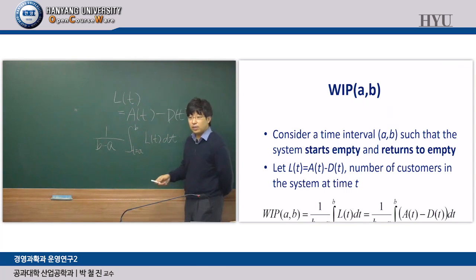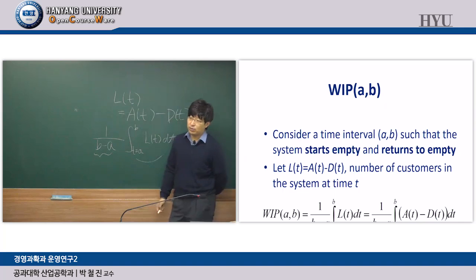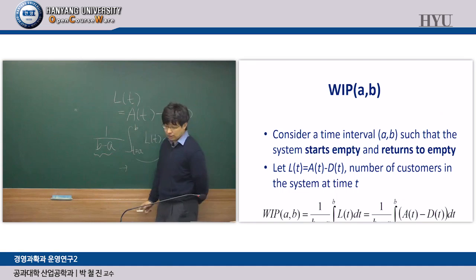We integrate L of t with respect to time t from a to b, and then divide by b minus a, the total amount of time we observe the system. Then we get the average number of customers per unit time. We call this WIP.